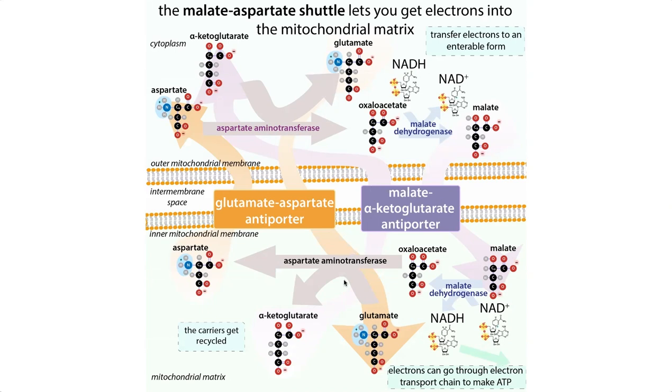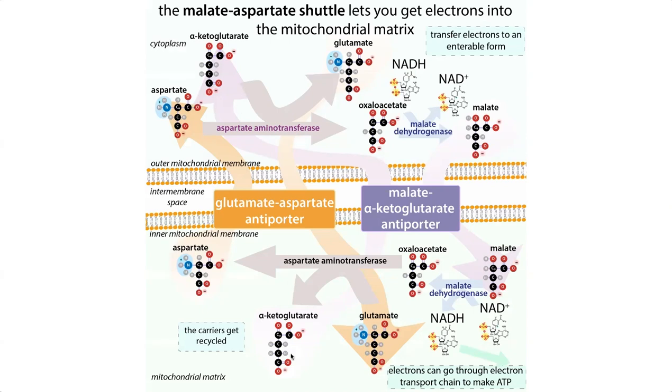Our waste in the mitochondrial matrix, however, is not waste in the cytoplasm, because what's happening in the cytoplasm is basically we're doing the opposite of everything that we do in the matrix. So that aspartate that we shipped out, we can now take the amino group from that aspartate and we can pass it to alpha ketoglutarate.